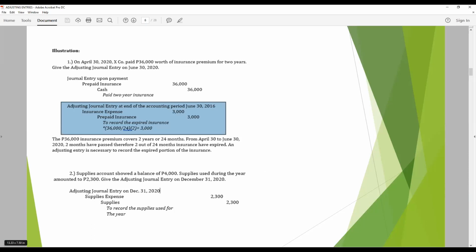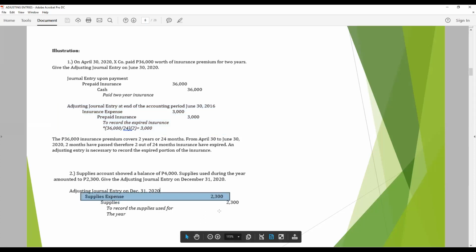So, asset method ang ginamit nyo. Ngayon, your adjusting entry will be for the supplies used. Supplies used during the year amounted to 2,300. Your adjusting entry is debit supplies expense, 2,300, and credit supplies, 2,300, to record the supplies used for the year. So this is under asset method.